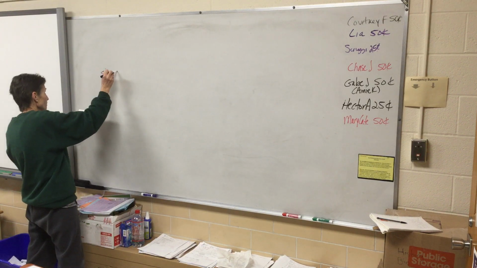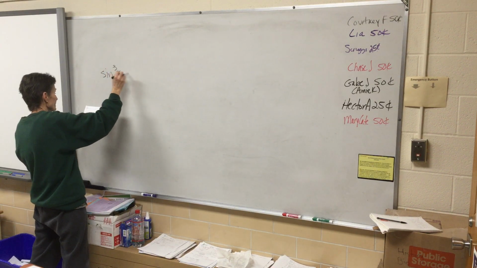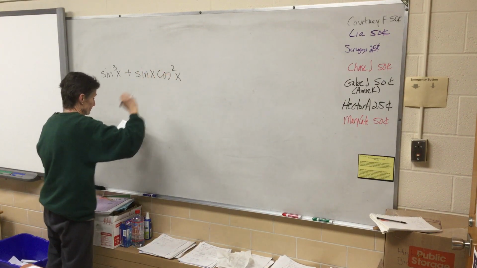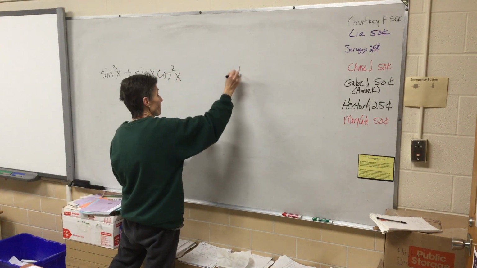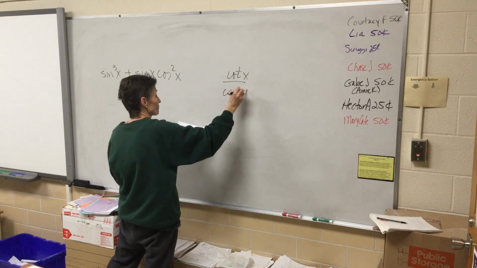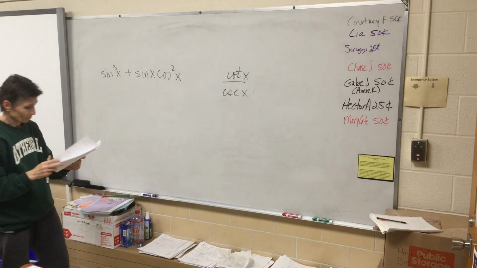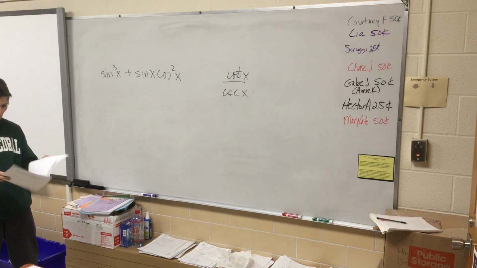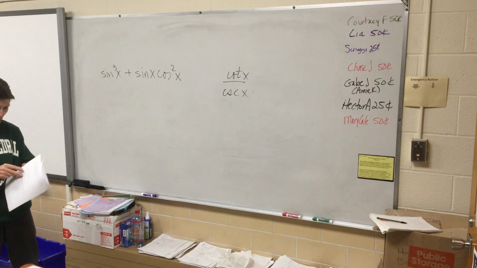And it says simplify the following. So we're going to simplify this. And there's 2 of them. All right? So you tell me, how might we simplify the first one?